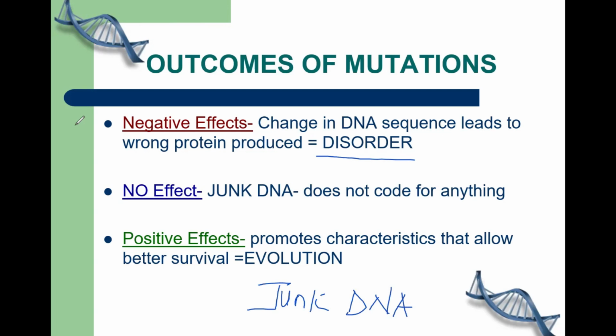Although some research has established that junk DNA has a regulatory function, if a mutation occurs in the junk DNA, it doesn't have any effect, because the junk DNA does not code for any protein.